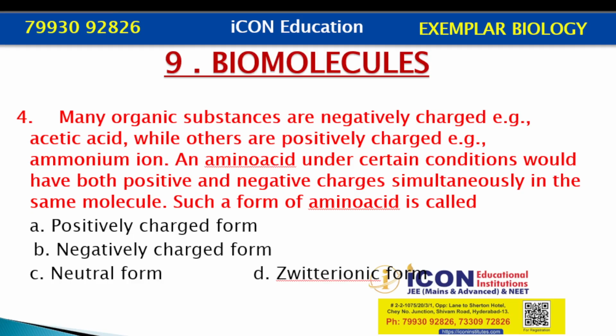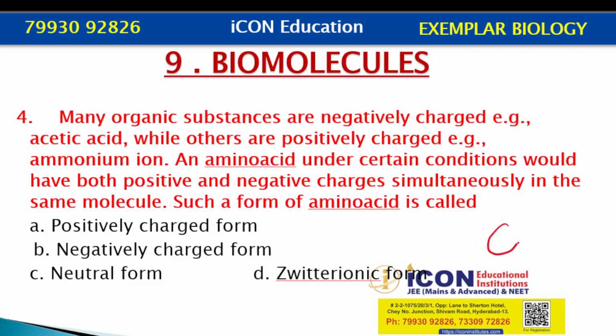Such a form of amino acid is called. We know that amino acid has an ionizable nature. The amino group and the carboxylic group can show ionizable nature in the solution.